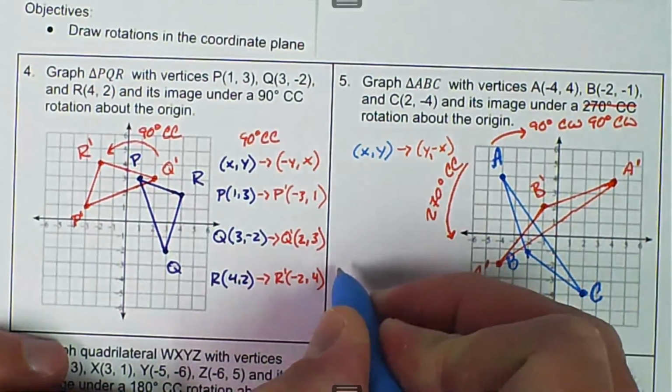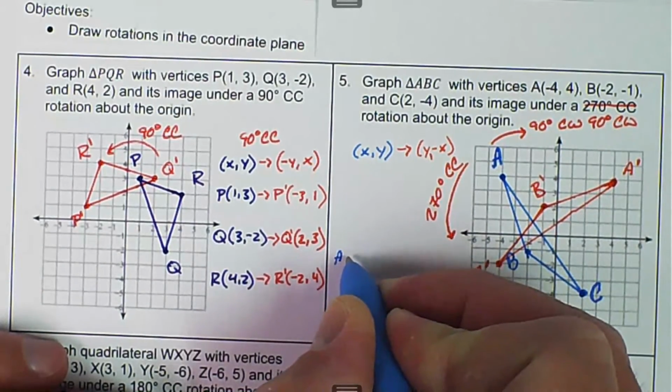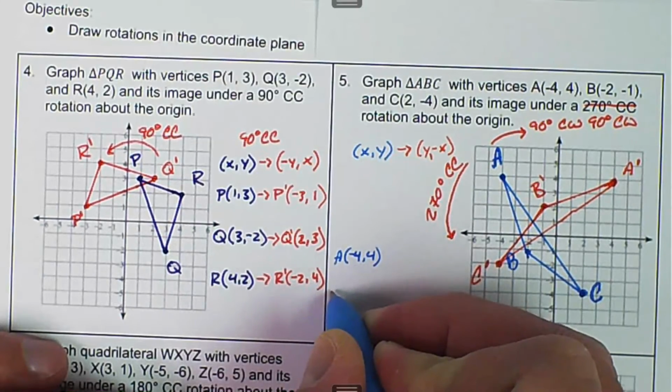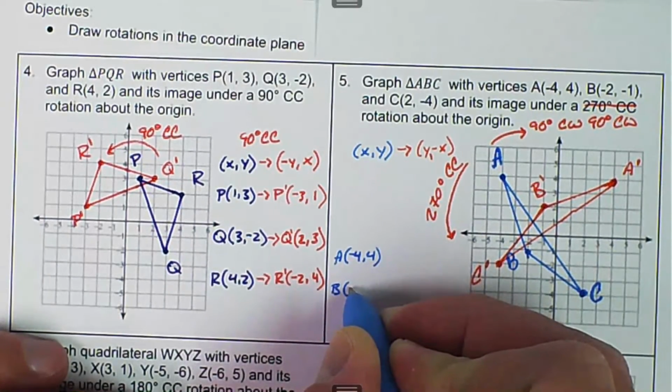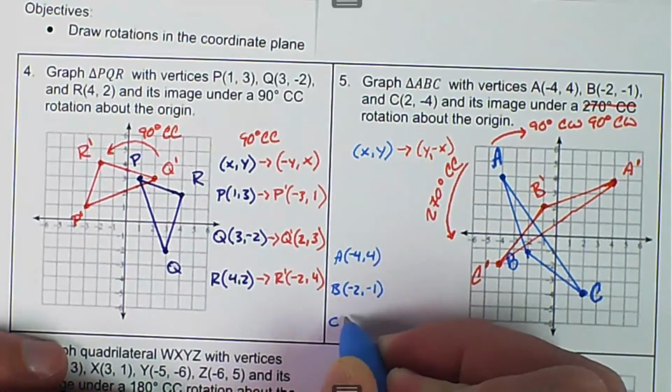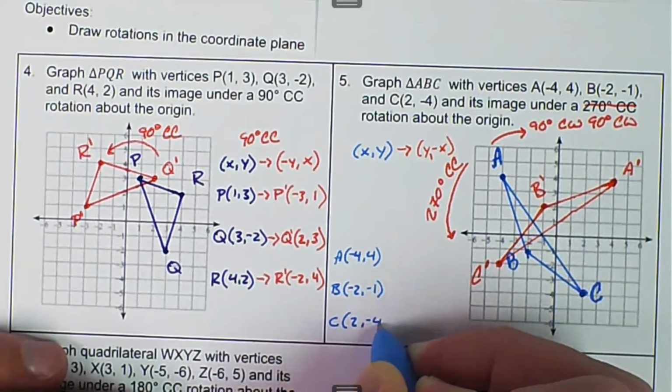So our coordinates for A were -4, 4, and B was -2, -1, and C is 2, -4.